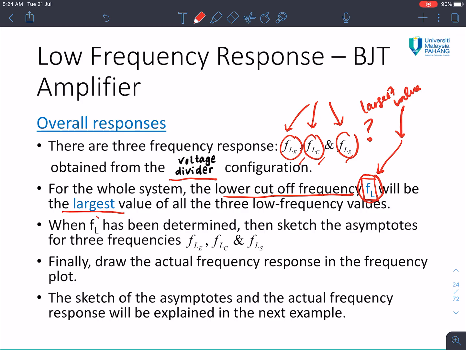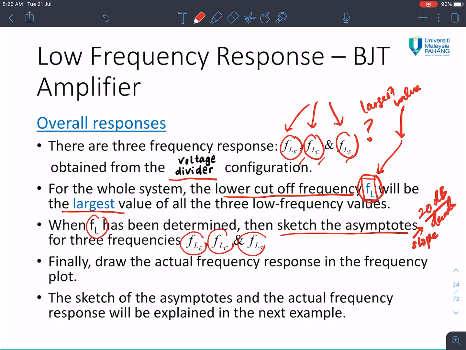When the FL has been determined, then sketch the asymptotes for the three frequencies, FLE, FLC, and FLS. Remember, the asymptote has 20 dB per decade. It means its slope is 20 dB per decade.